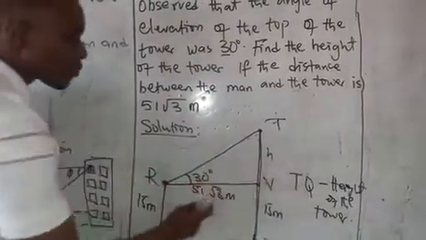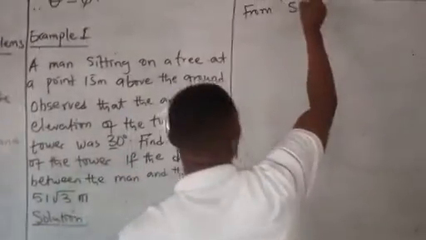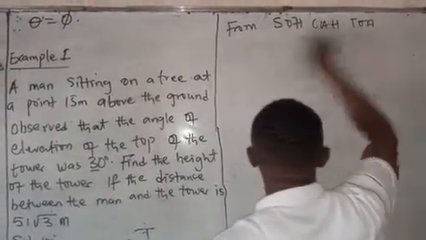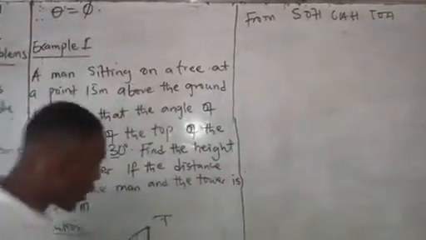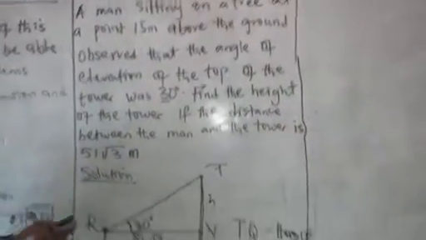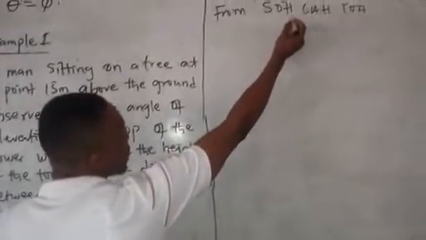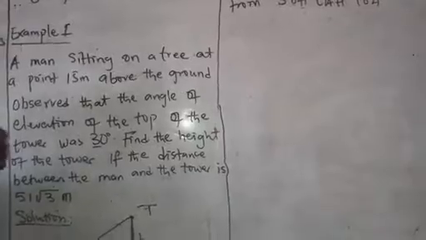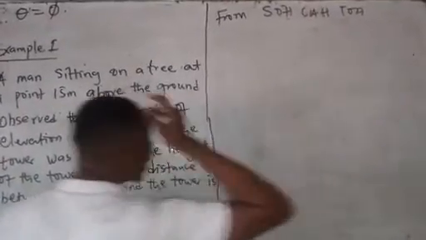So from SOH CAH TOA, which is used to solve questions on trigonometry, we look at which one is going to be relevant for us. S stands for sine, opposite over hypotenuse; C is cosine, adjacent over hypotenuse; T is tangent, opposite over adjacent.